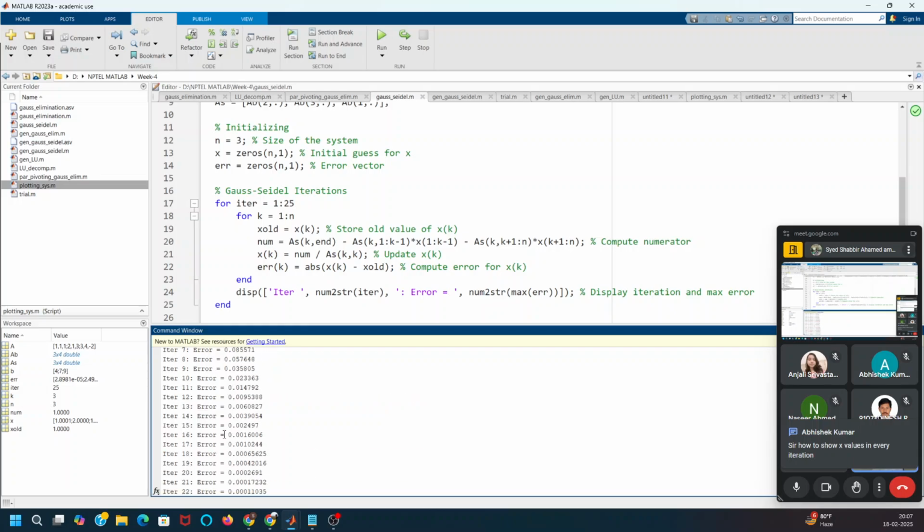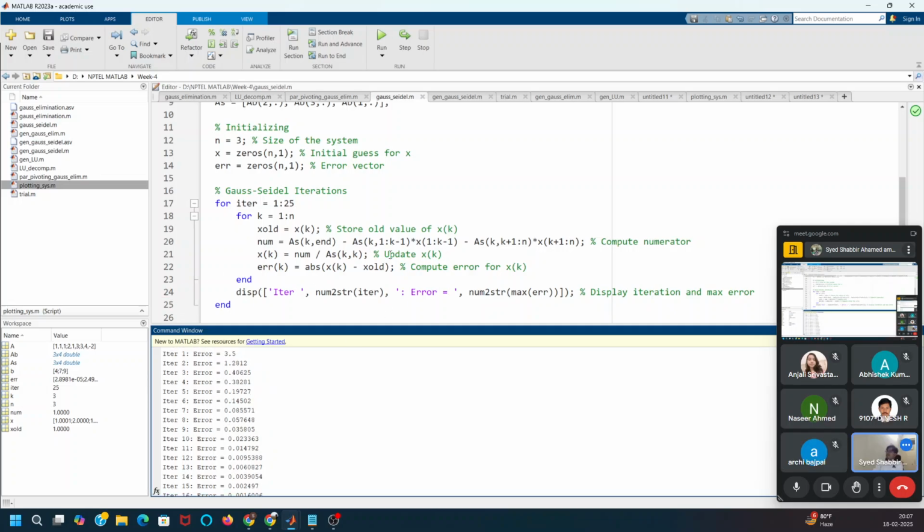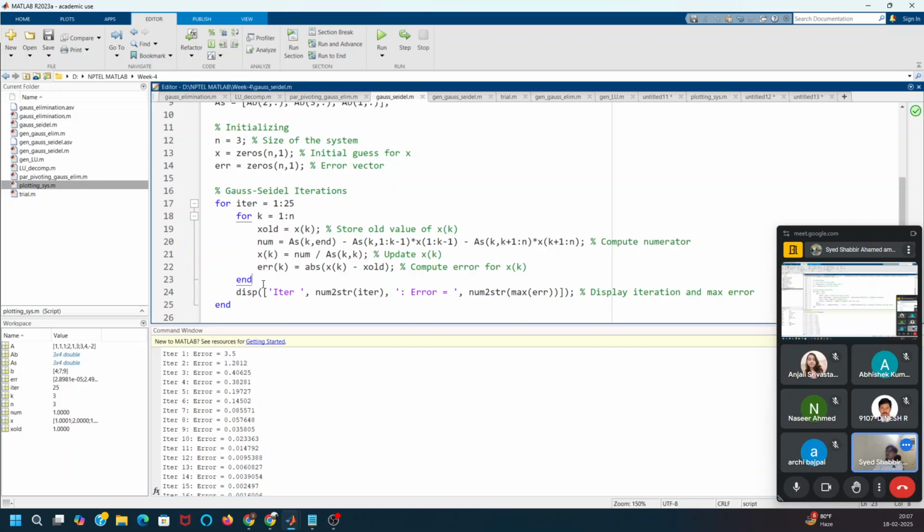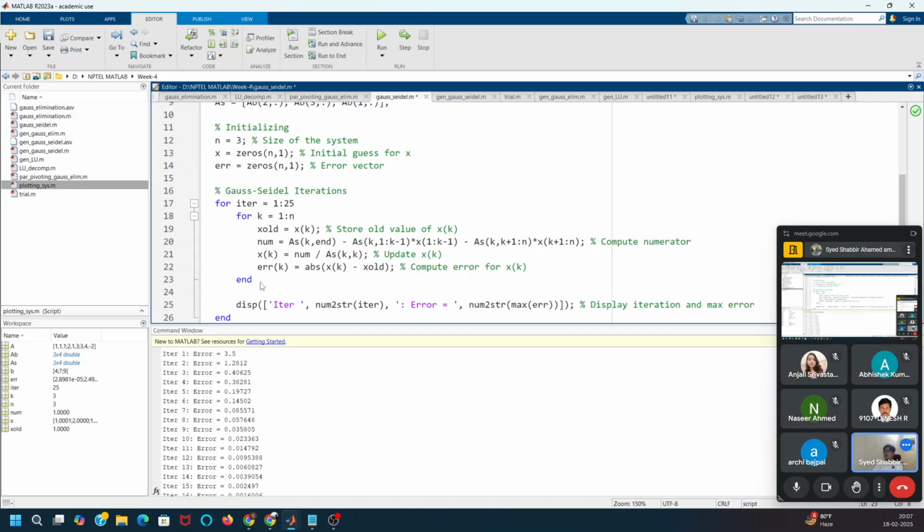So what I can do is, one thing I can do is, here I can write x equal to this thing, say str. Yes.